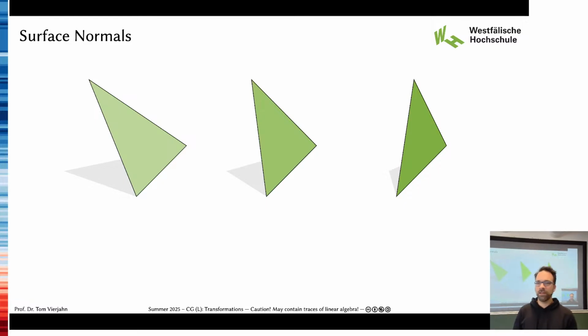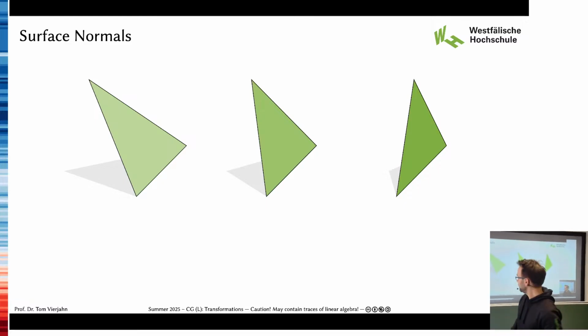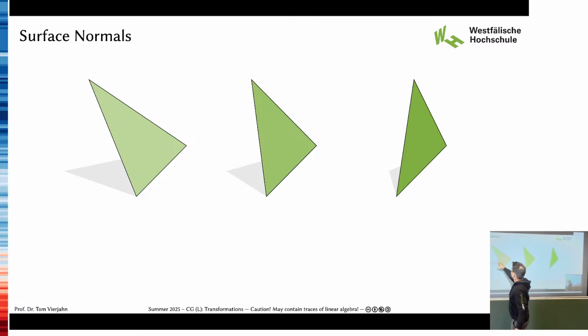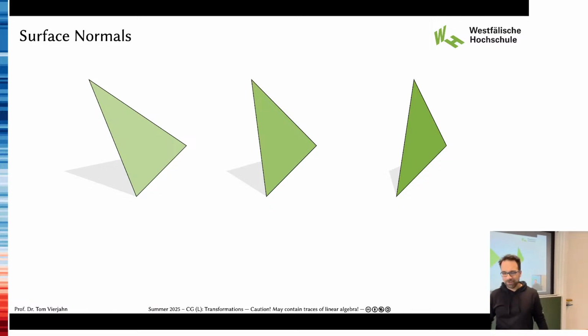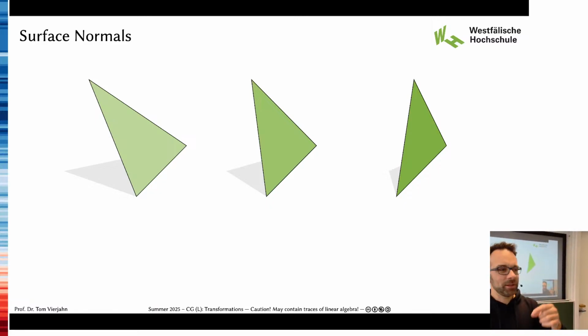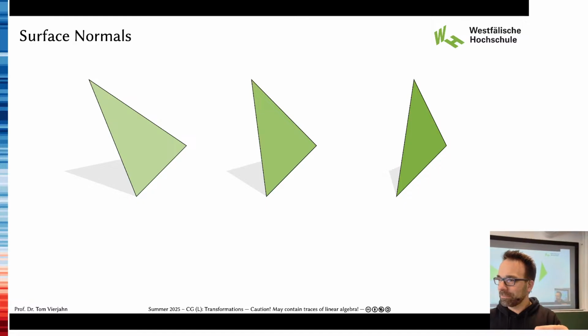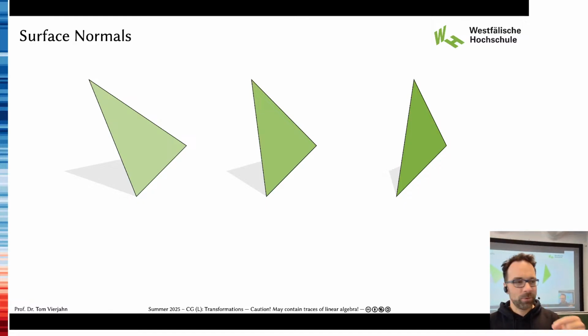Okay, 3 triangles. In fact, only one triangle that gets tilted a little. And since a triangle is made up of 3 points, where 3 points define a plane, the triangle lives in a plane, right?